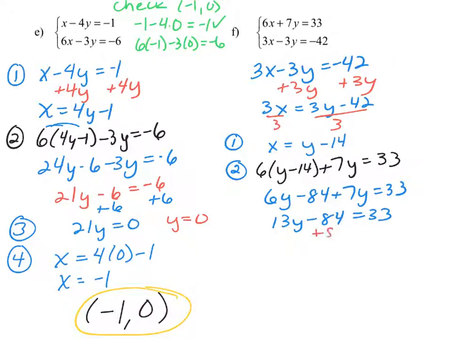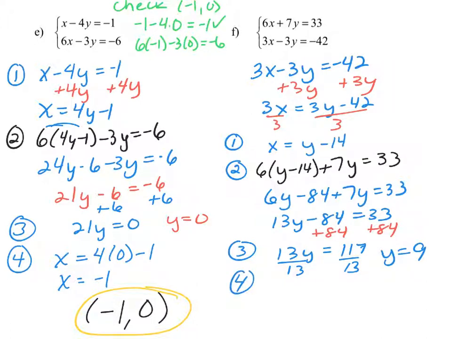Now we add 84 to both sides, and that will give me 13y equals 117. And now we divide by 13 to get y is equal to 9. So that is our step number 3, to solve that equation for y equals 9.